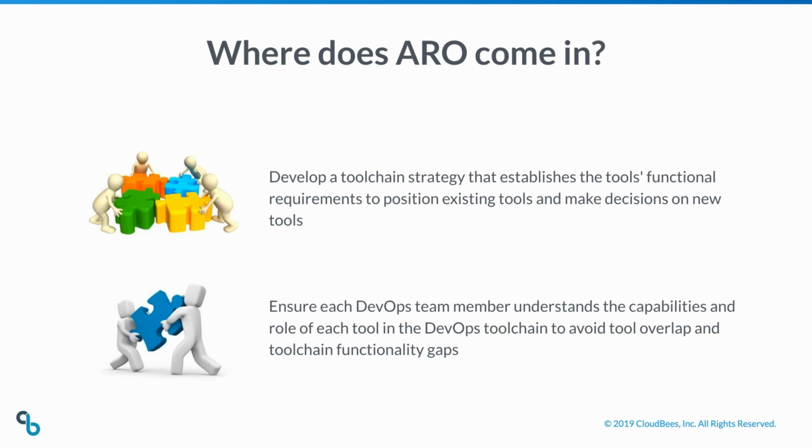To make all those things effective, you need to develop a tool chain strategy that, one, allows you to take your existing tools and plug them into your pipeline, and two, allows you to provide some decision making in your process.